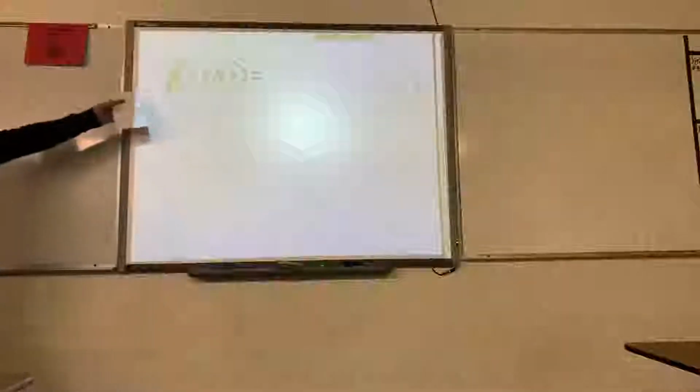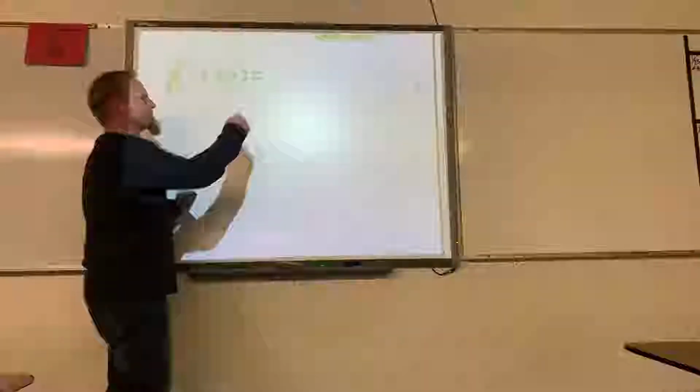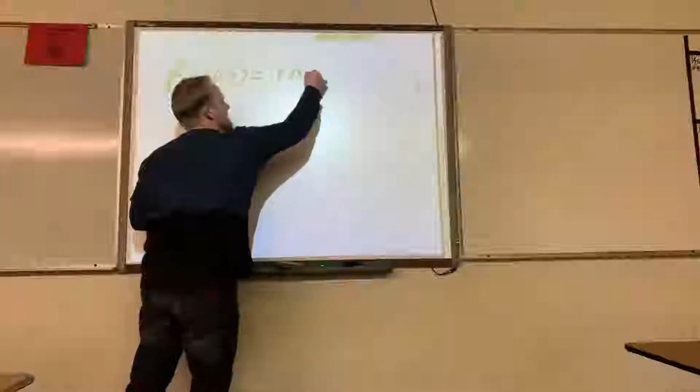All right. What does this tell me we're wanting to do to f of x when I write it like this? It's wanting to take the derivative, and the derivative of f of x is f prime.